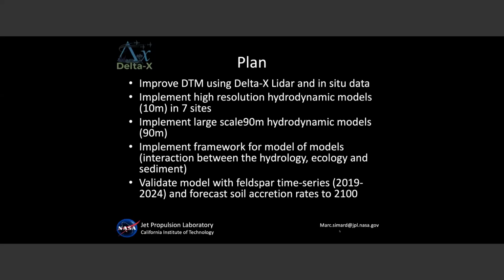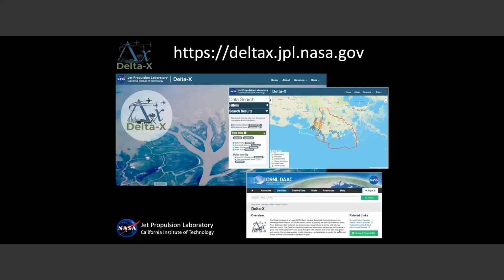I think that's a bit too much detail, but we have a nice website where we explain the mission, and we also distribute the data. Most of these links go to the ORNL DAC. We also use our own because when we publish, we have to already have published the data sets.